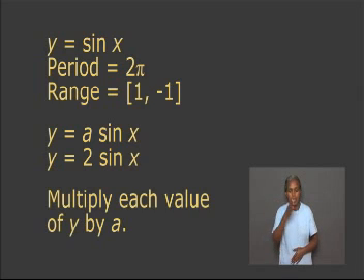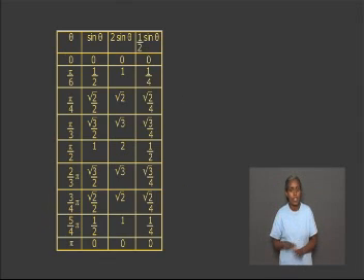The graph of y equals a sine x can be obtained from the graph of y equals sine x by multiplying each value of y by a. Students, if we look at this table, we can see that the values of 2 sine theta are simply the values of sine theta multiplied by 2.